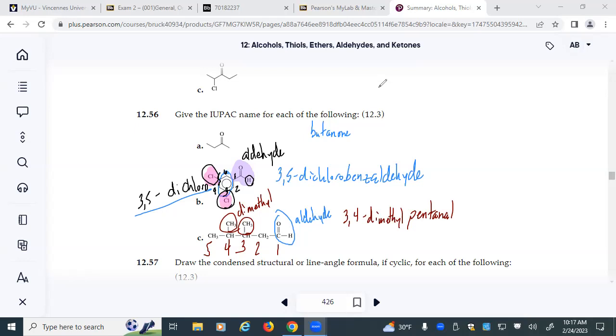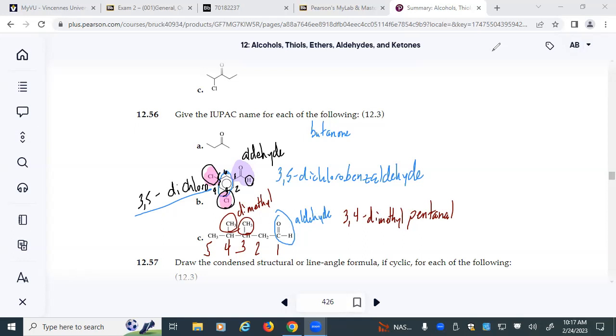All right, so Sean came in with the same question we were just talking about. How do I know when to use -al versus aldehyde? If I have an alkane, all carbon to carbon single bonds, I can change that ending to -al.